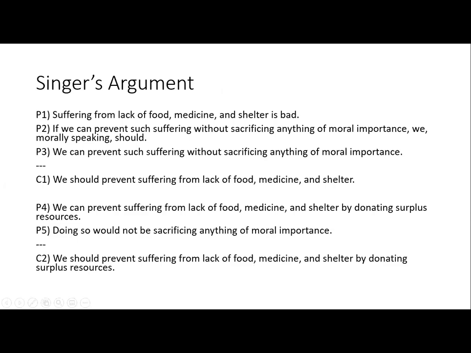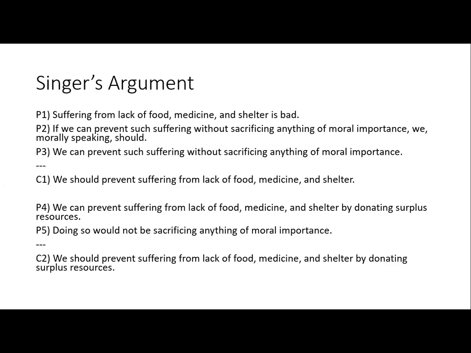So here's how I've reconstructed Singer's argument in the paper. This is premise-conclusion form. P1, P2, P3 stand for premise 1, premise 2, premise 3. C1, C2 stand for conclusion 1, conclusion 2. I think the first part of the argument goes something like this. Premise 1: suffering from lack of food, medicine, and shelter is bad.